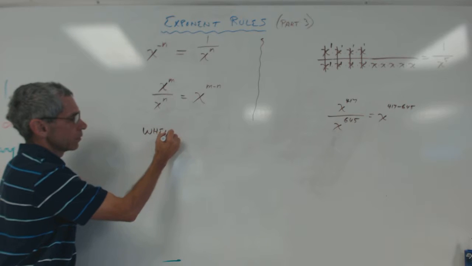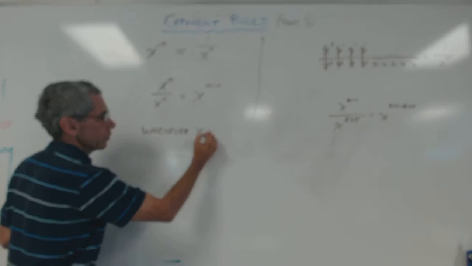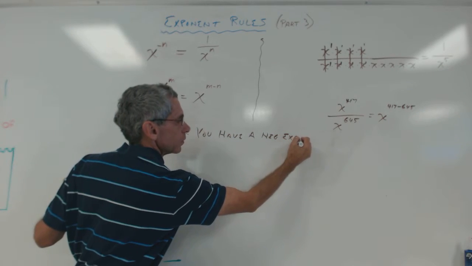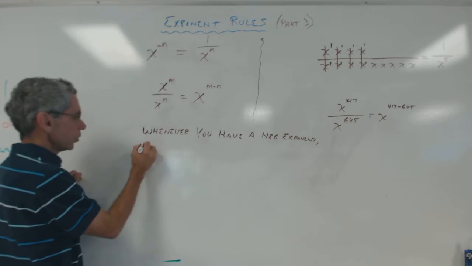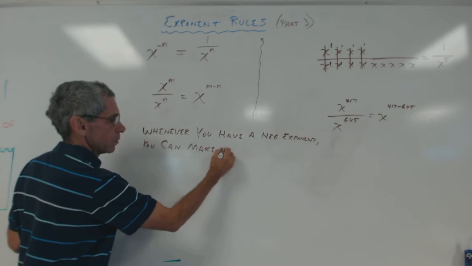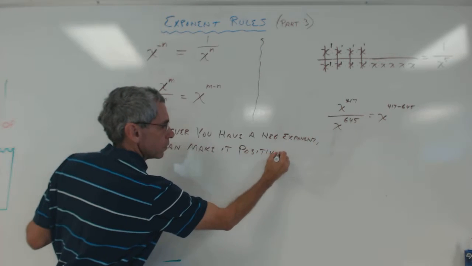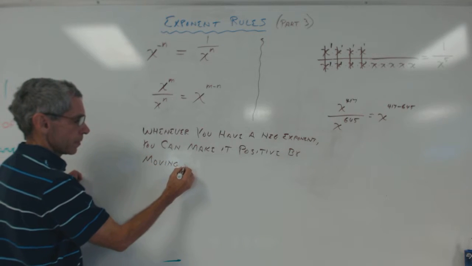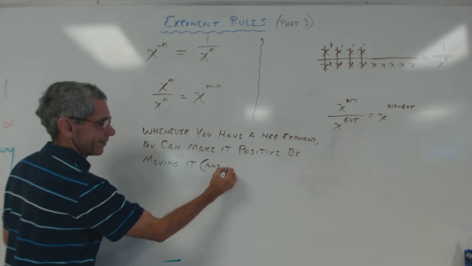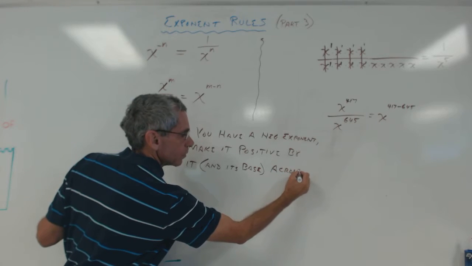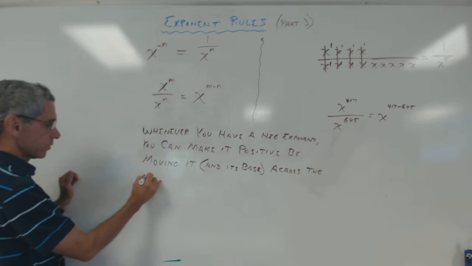Whenever you have a negative exponent, you can make it positive by moving it and its base across the fraction line.